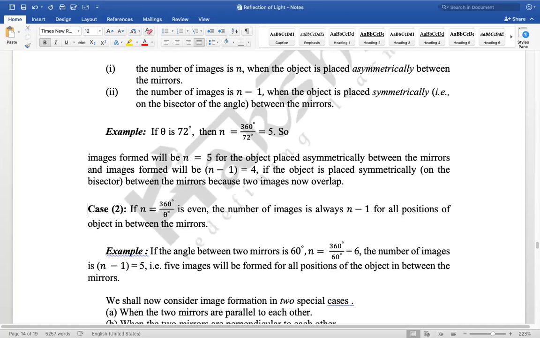Second case: case 2 says if n equal to 360 by theta is even, the number of images is always n minus 1 for all positions of the object in between the mirrors, whether it is symmetrically placed or asymmetrically placed. In all cases, the number of images will be n minus 1, where n is equal to 360 by theta.